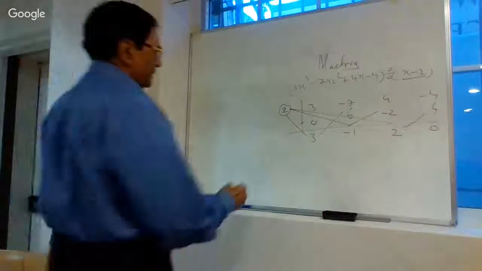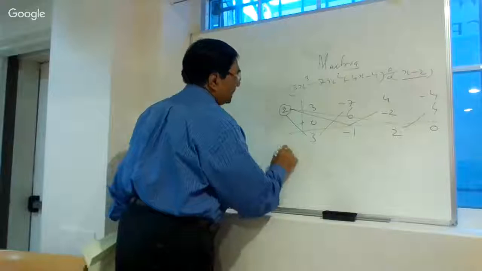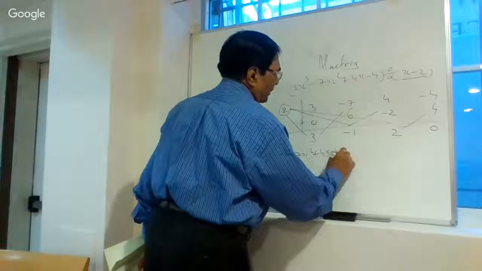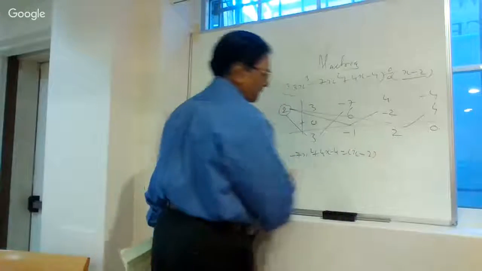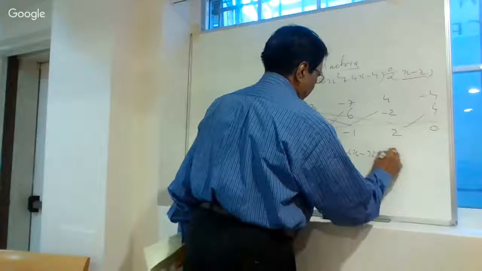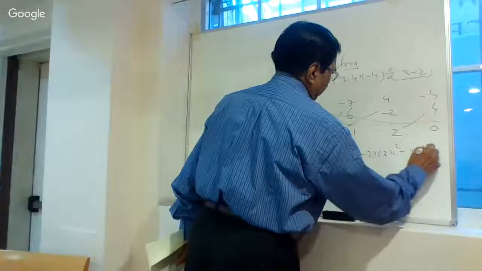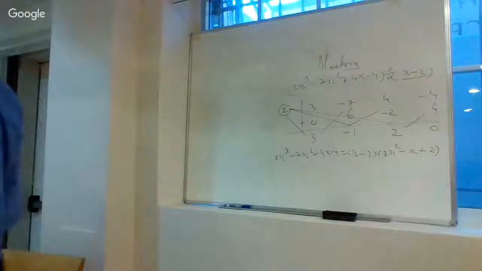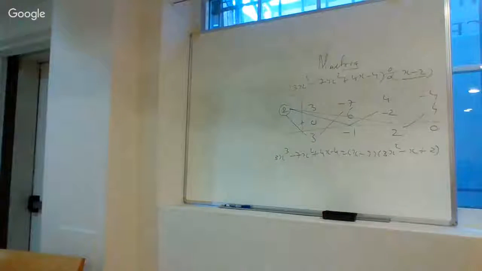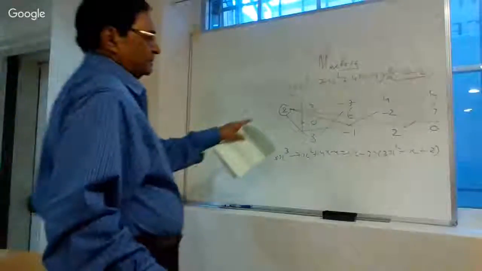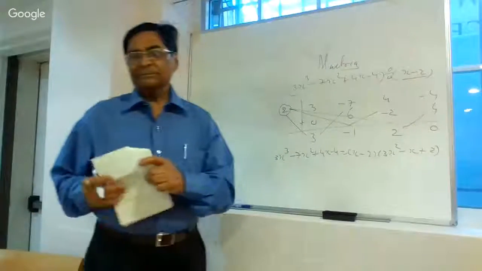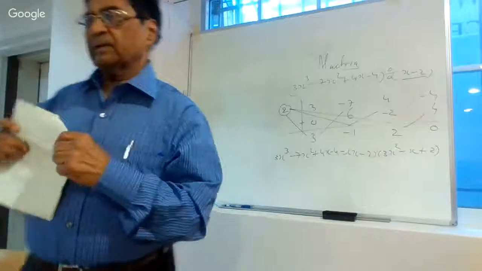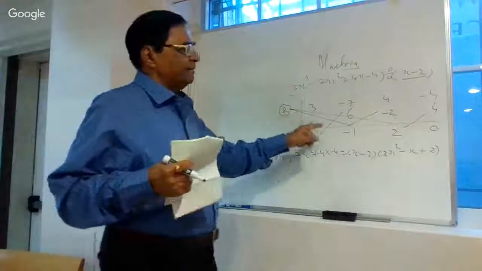You can say that 3x cubed minus 7x squared plus 4x minus 4 is x minus 2 into 3x squared minus x plus 2. So this is the way how to step forward and how to find out the division.